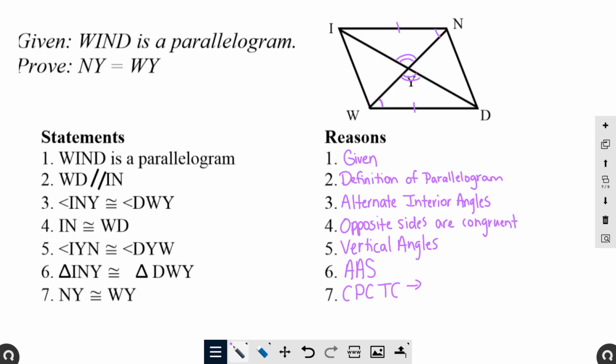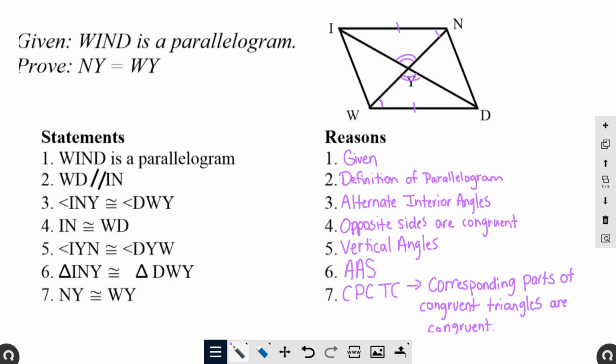Now we're going to write this down just one more time about what it means, but it basically says since the triangles are equal, then all their parts are equal, but it really says corresponding parts of congruent triangles are congruent.